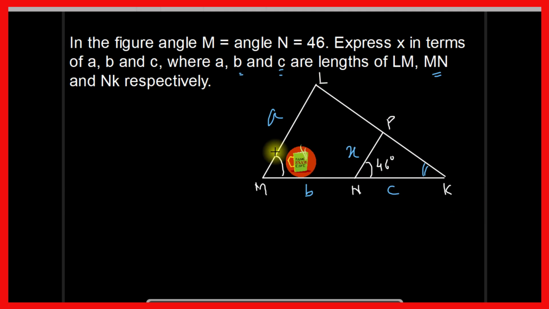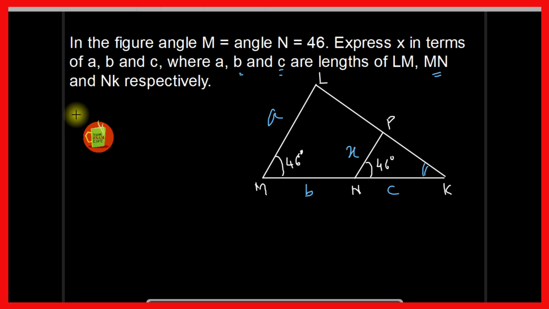Therefore by AA criteria these two triangles are similar, and therefore the ratio of their corresponding sides will be equal.